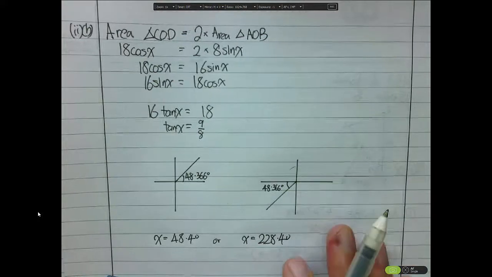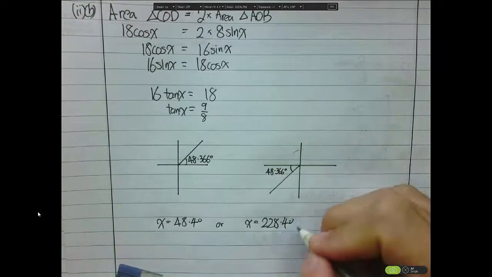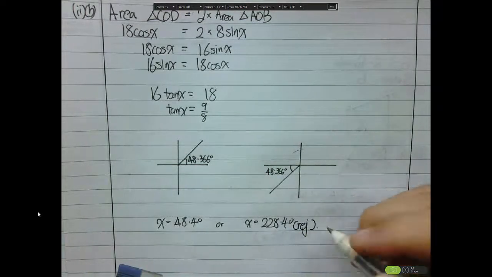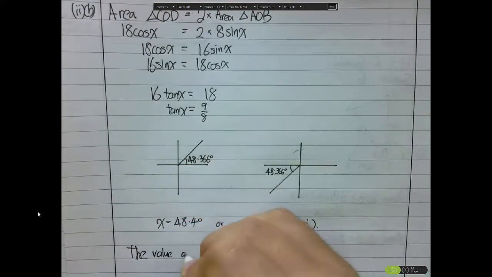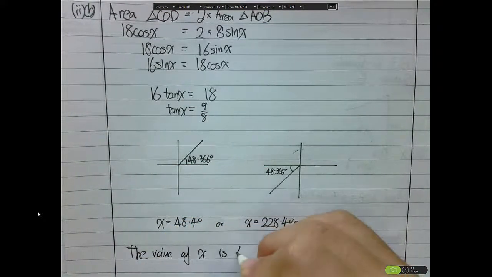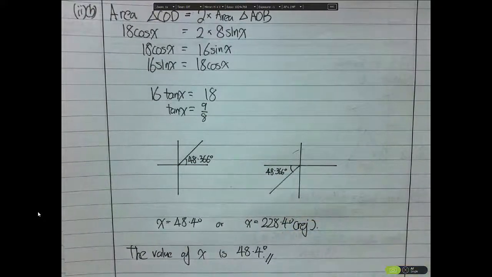But in the end, we have to take the acute angle, because x is obviously acute, so I reject this one. So I say that the value of x is 48.4 degrees. And that concludes my presentation on question 16.